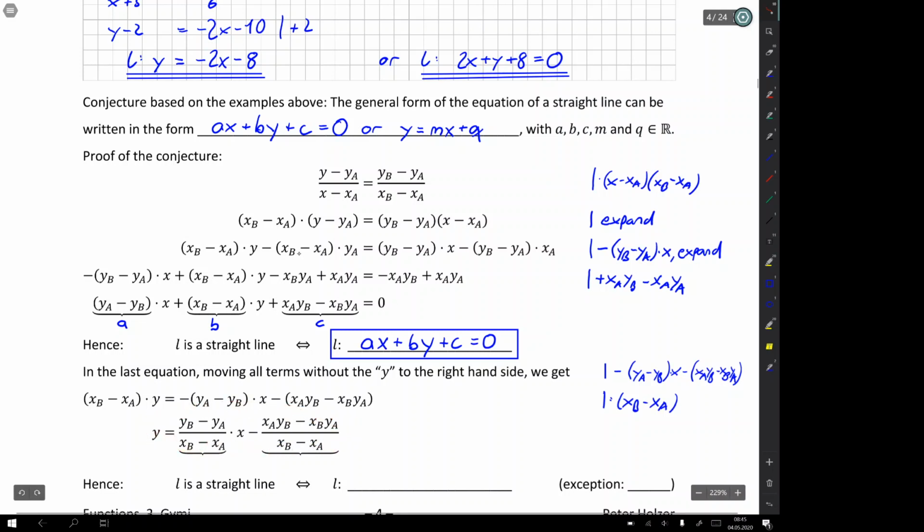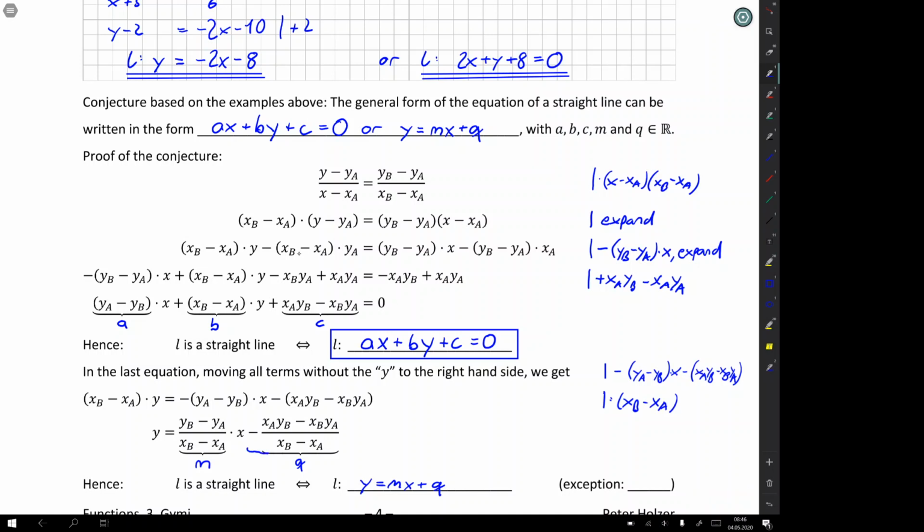And now we do the same thing like before. Again, xa, xb, ya, yb are just numbers, so this expression here is just another number. We call it m, and the expression after the minus is also another number, so we call it q. And we see the expression for the straight line is y equals mx plus q.